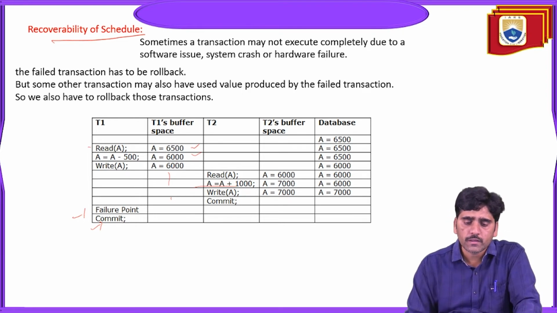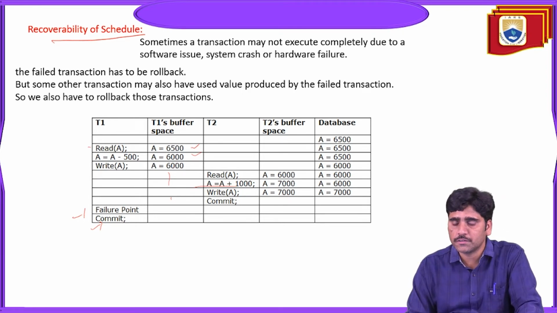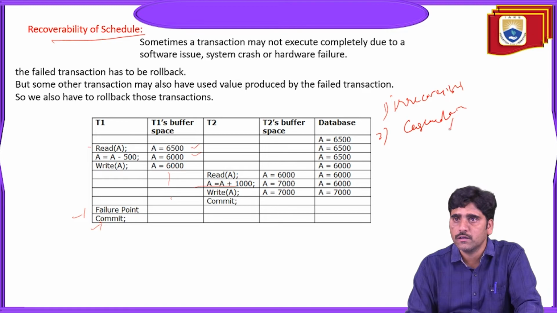And there are different types of recoverability of schedules. One is irrecoverable schedule, the second one is cascading rollback, and the third one is cascadeless rollback.